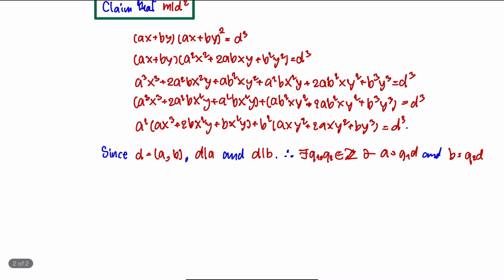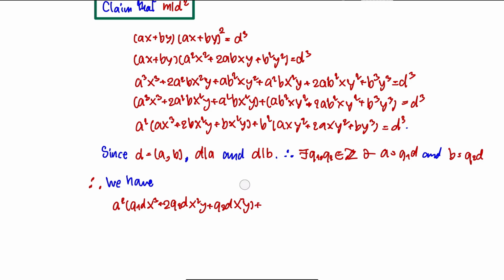We've got a squared, where a now becomes q1 d x cubed plus 2 q2 d x squared y plus q2 d x squared y.